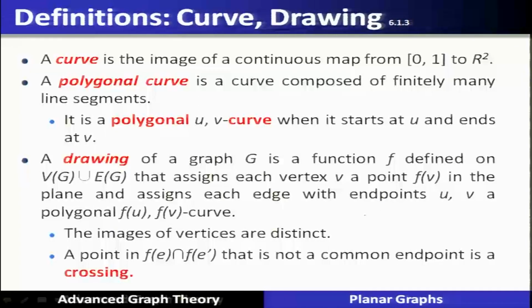Meaning to say that, let us say this is the graph with a set of vertices and a set of edges given. Then we require a function f, which is nothing but a drawing of this particular graph. So f will map every vertex to a point, and when there is an edge between these two points, f will draw a polygonal curve.